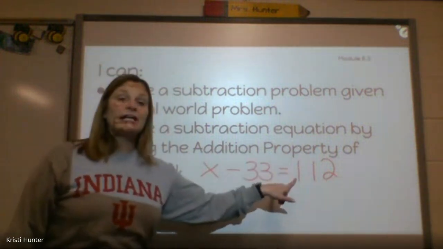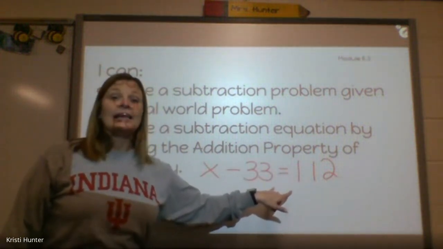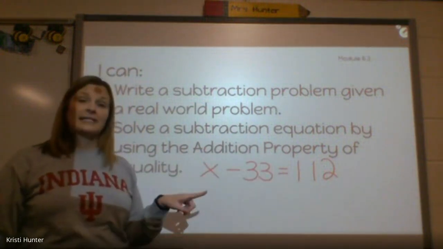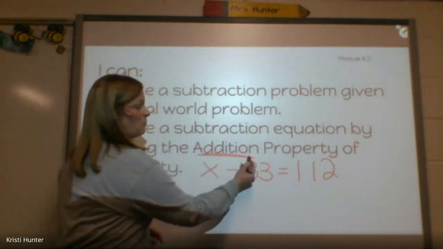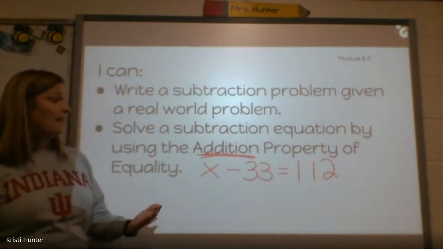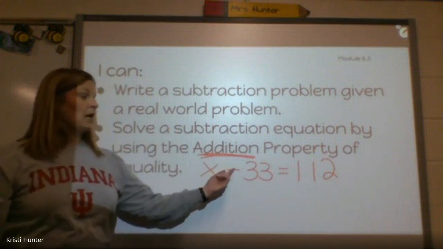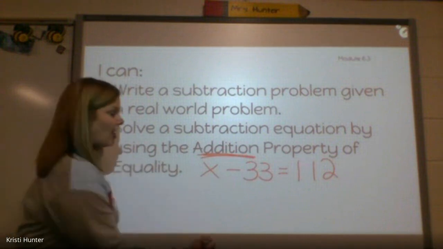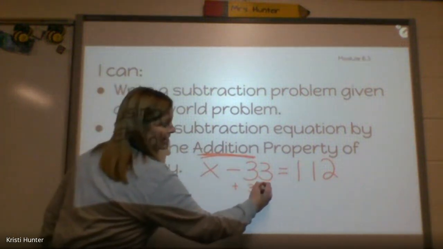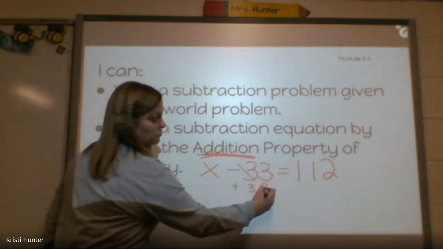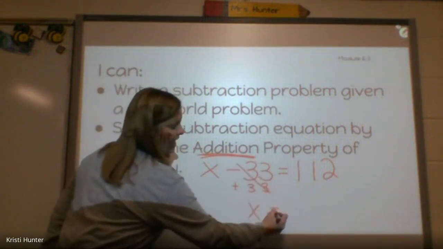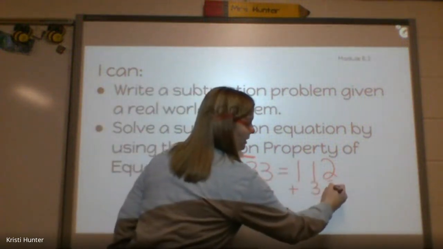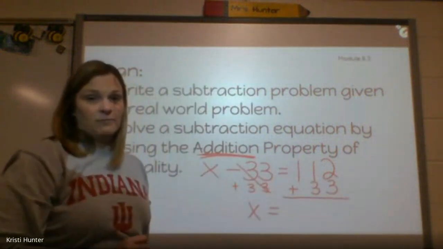But if I already know my two parts, then to figure out my whole, I just put those parts back together. And that's where this addition property of equality comes in. Because instead of subtracting 33 to get x by itself, what I really want to do is add 33. So those will cancel out, and we'll have x equals whatever 112 plus 33 would give me.